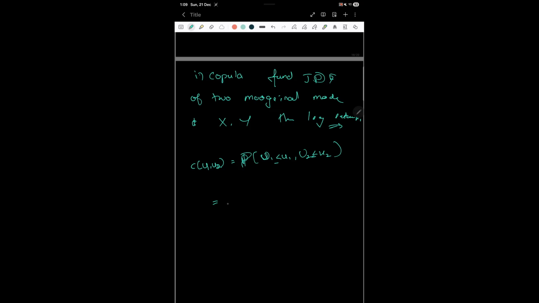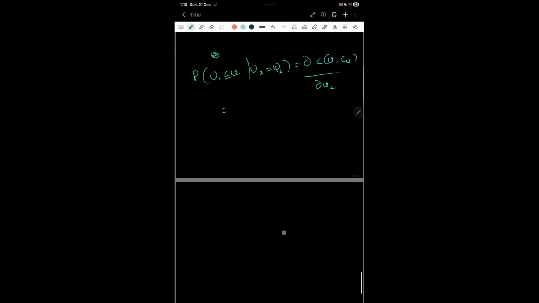We found the Copula distribution function. Now we have to see the conditional probability of the distribution functions, which is P of u1 given u2, equal to the partial derivative of the Copula function with respect to the second variable, and similarly for the conditional probability of stock 2.